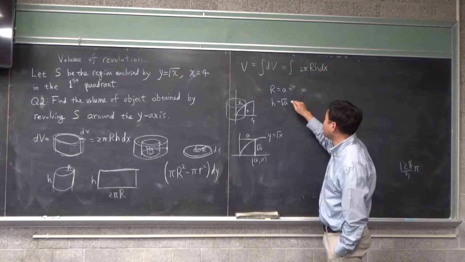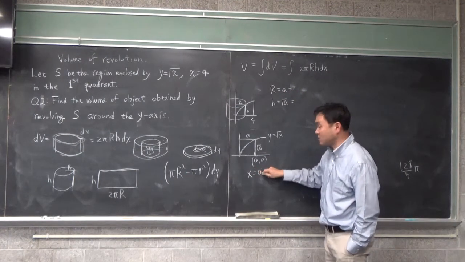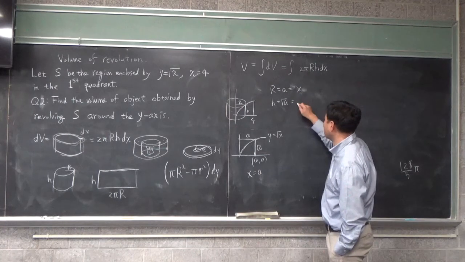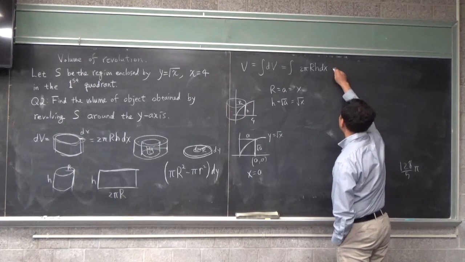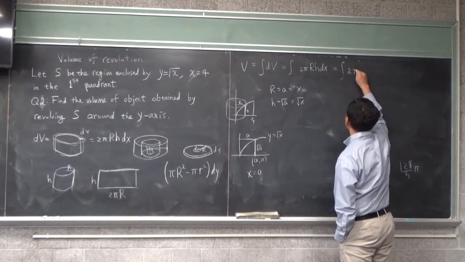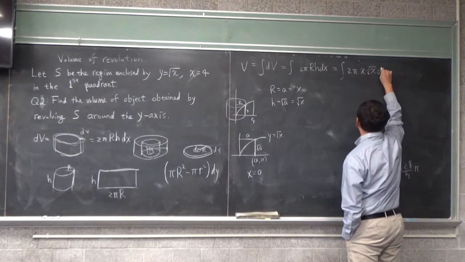But wait, this is what we decided to call x, so this must be x, and this must be square root of x. Now we can rewrite this as 2 pi x times square root of x dx.